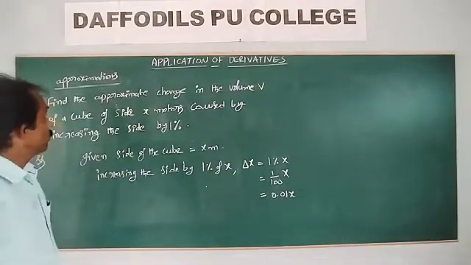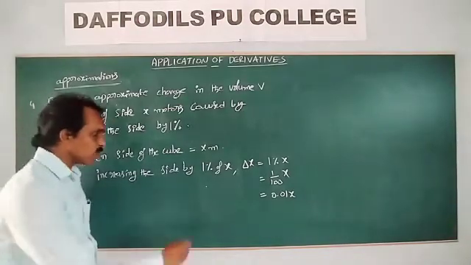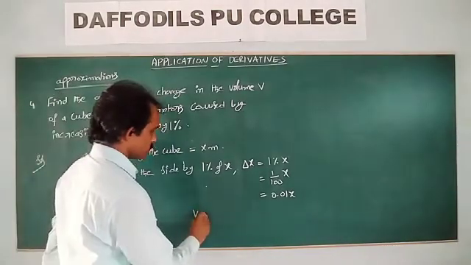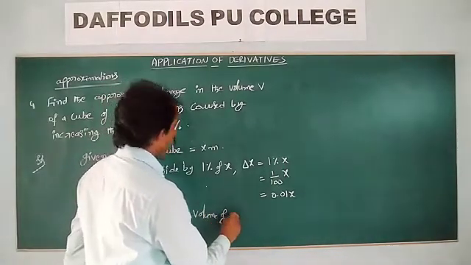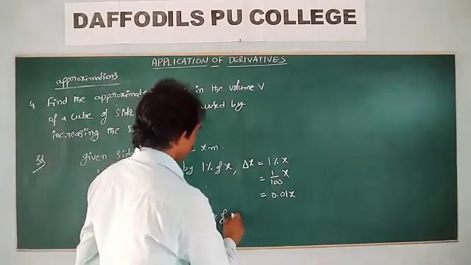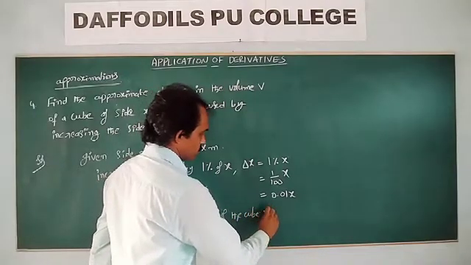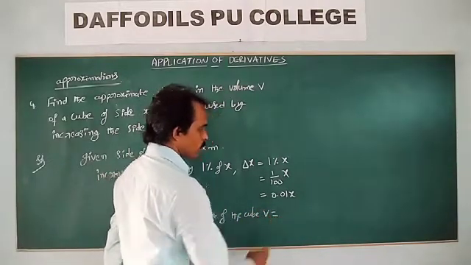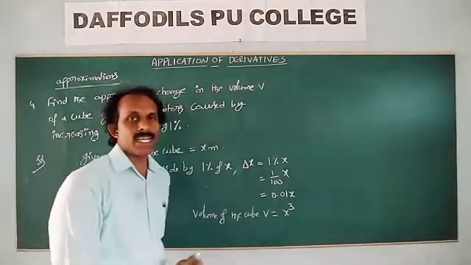Now, find the approximate change in the volume of a cube. First of all, write the volume of a cube. What is the volume of the cube? Side x means x cube.